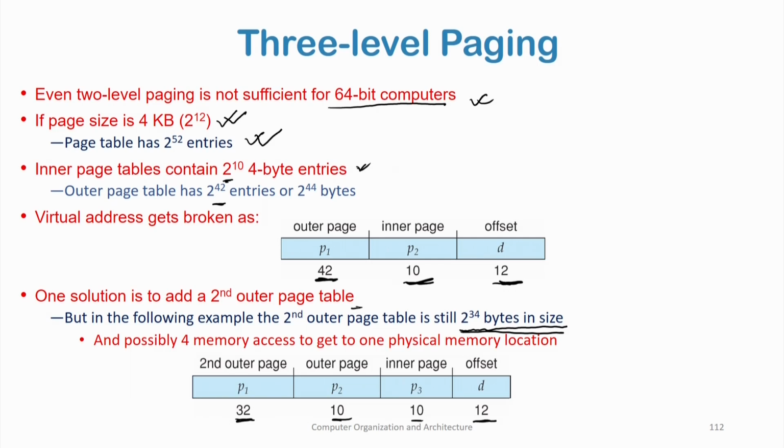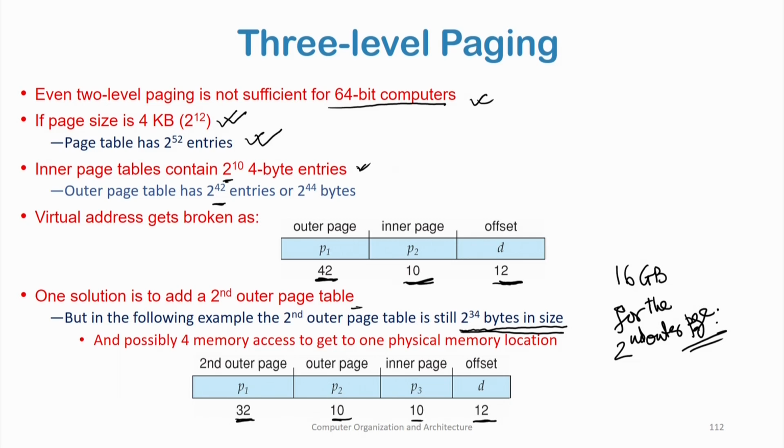We understand that 2 to the power 30 means 1 GB, so 2 to the power 34 will mean 16 GB. So, 16 GB for the second outer page, which is still very huge. Even with 3 level page tables, it becomes very huge.